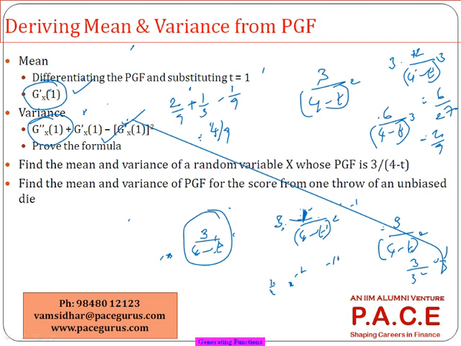Differentiate 2 times, substitute 1, and after that use the formula g double dash of 1 plus g dash of 1 minus g dash of 1 whole squared. When I do that kind of an exercise, whatever I am getting is the variance of the distribution. Taking the square root of that will give me the standard deviation for the same. Fine.